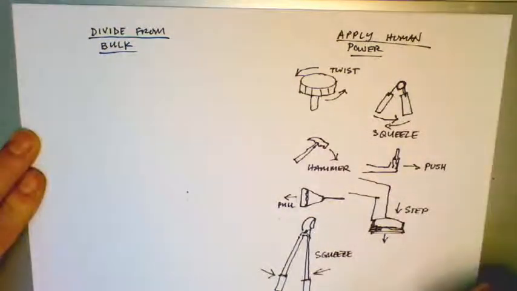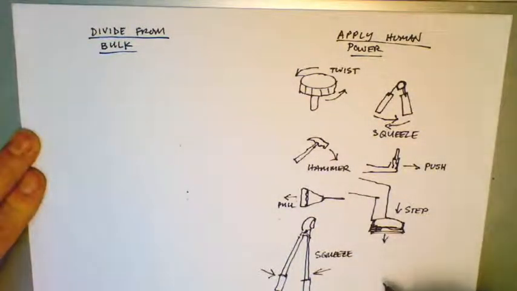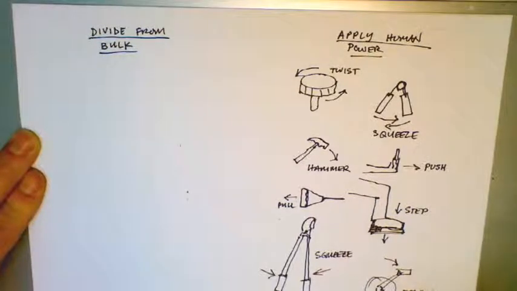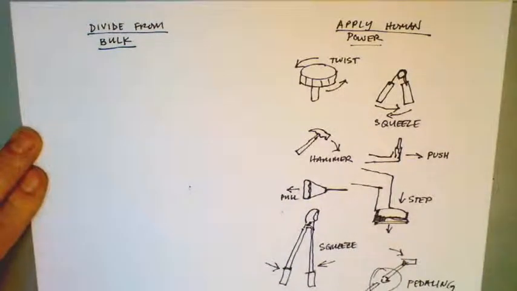None of these in the context of ice cream scoops, but just generally, how is it that human power is applied? And to illustrate that, it really should be outside of the context of ice cream scoops. You can even imagine pedaling, right? It might be an application of human power. So those are many of the ways you might apply human power.